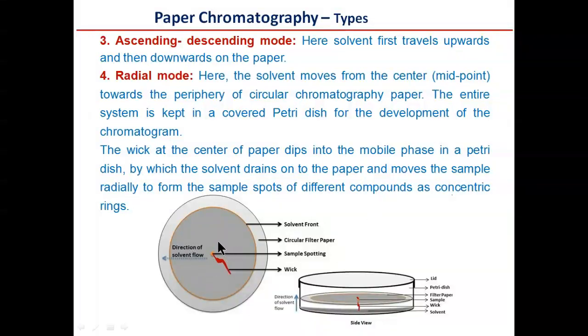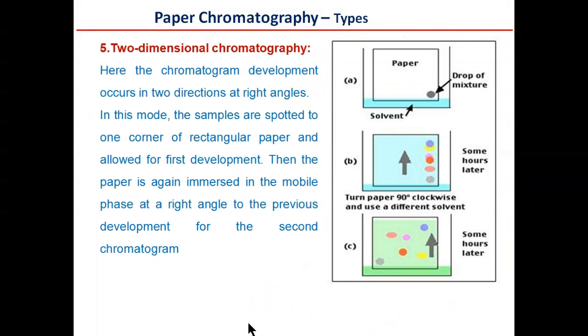So what we will get is that the different component mixture gets separated, and the samples show upon separation as concentric rings. So this is the radial paper chromatographic technique.